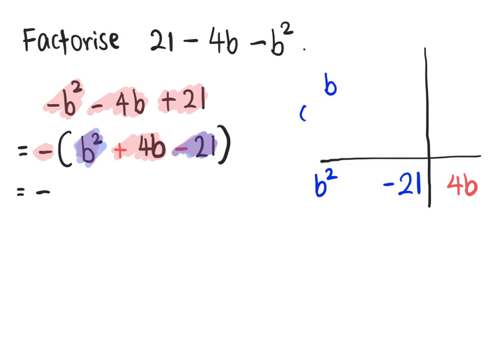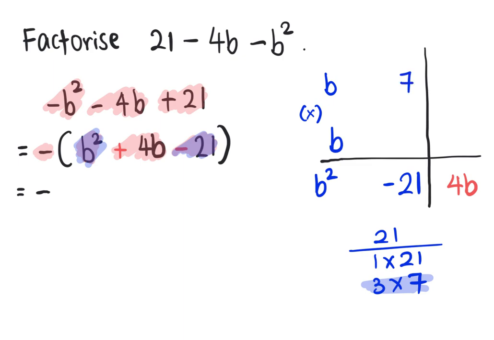So b times b will give me my b squared. As for 21, it can be 1 times 21, 3 times 7, which pair, when I add or minus, will give me 4b. Yep, it will be my 7 and 3.